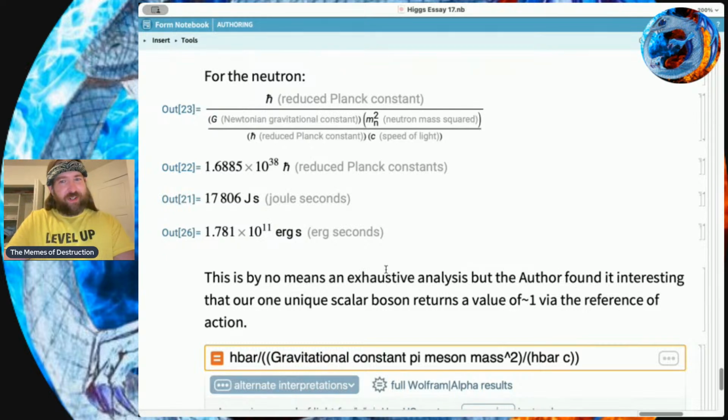By no means an exhaustive analysis, but the author found it interesting.